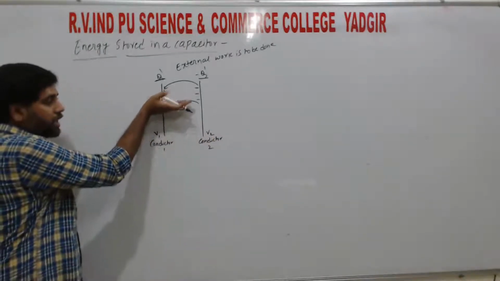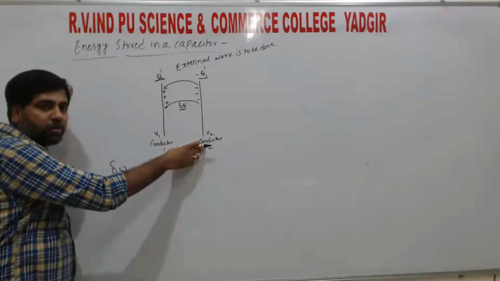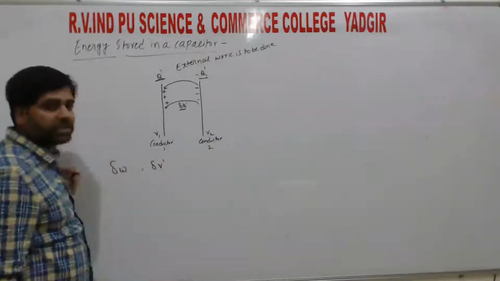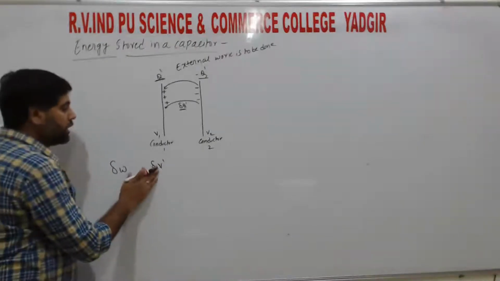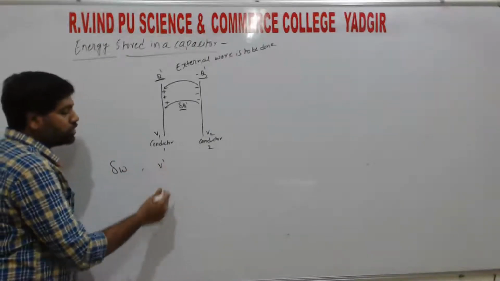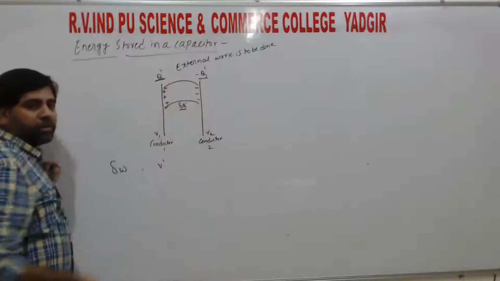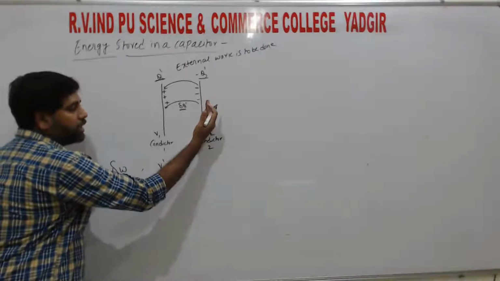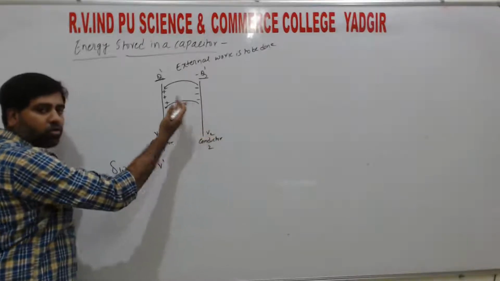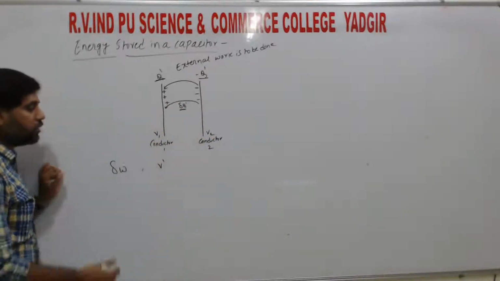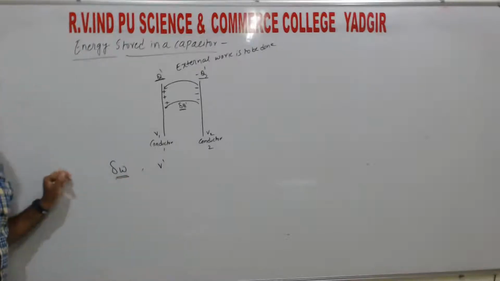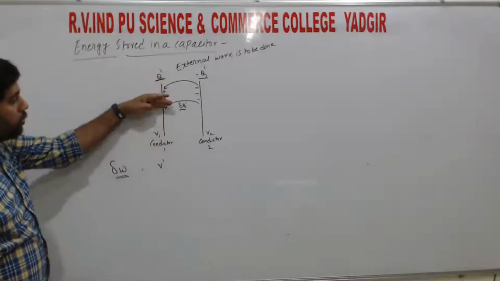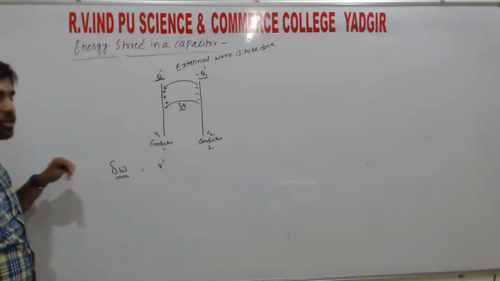In the intermediate state, the potential difference between the two conductors we take as V dash, right? We need to find the total work done in bringing the charge from conductor 2 to conductor 1. For that, first we need to find the work done for a small charge, then we can find the work done for the total charge, right?